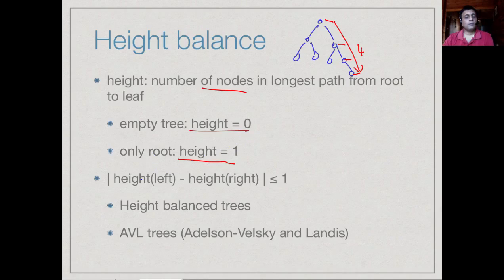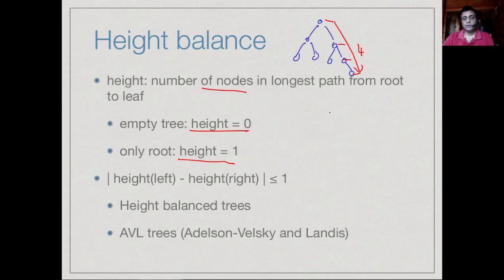Now, in keeping with our earlier relaxation of the size condition, a height balanced tree will be one where the height of the left and the height of the right differ by at most 1. This is more relaxed than the previous notion.